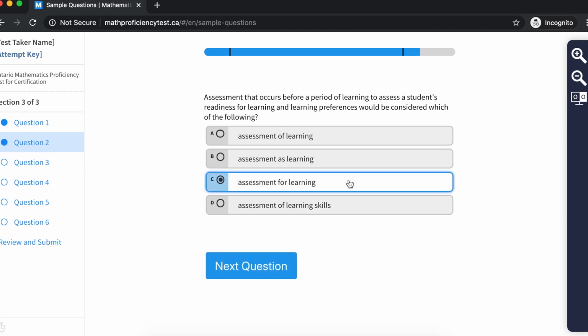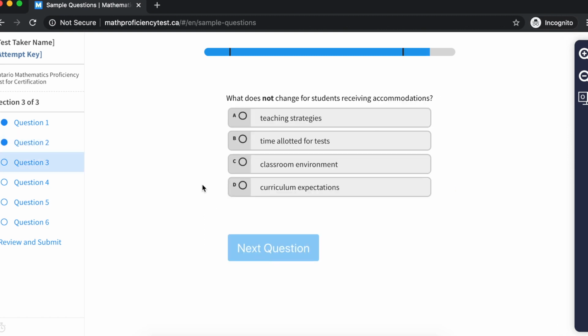It's not assessing what they have learned, but something that will be used for future learning. And what does not change for a student receiving accommodation? So teaching strategies might change, time for tests might change, environments might change, but curriculum expectations don't change, otherwise it would be a modification.